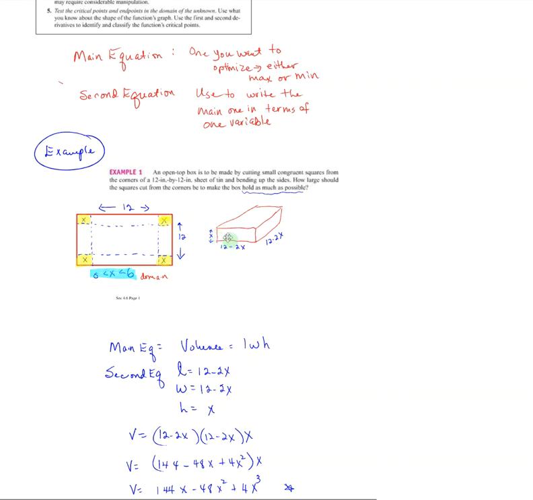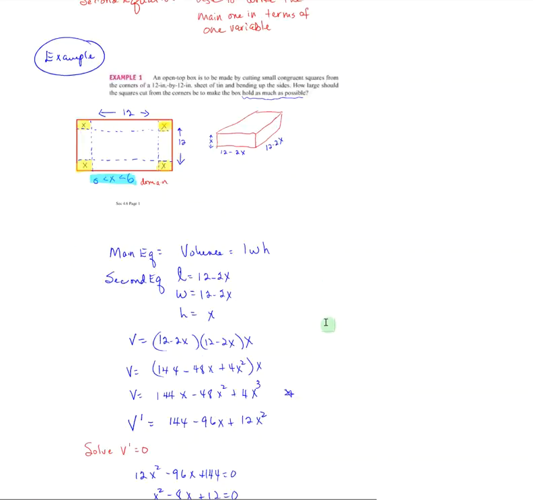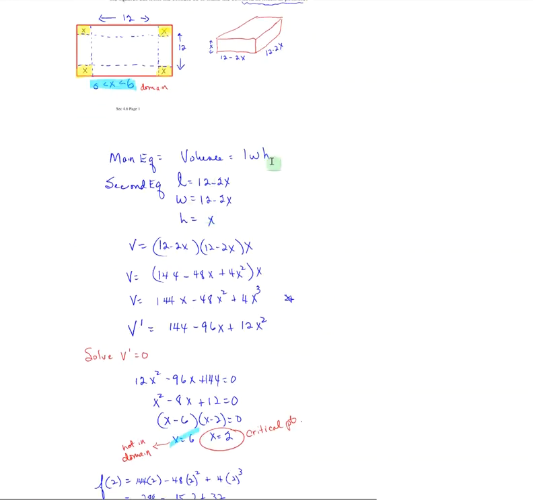And then if you think about the box after it's folded up, this is 12 minus 2x because you took these two out. You folded up this piece. This is 12 minus 2x, and this depth is x. So main equation, volume equals length times width times height.